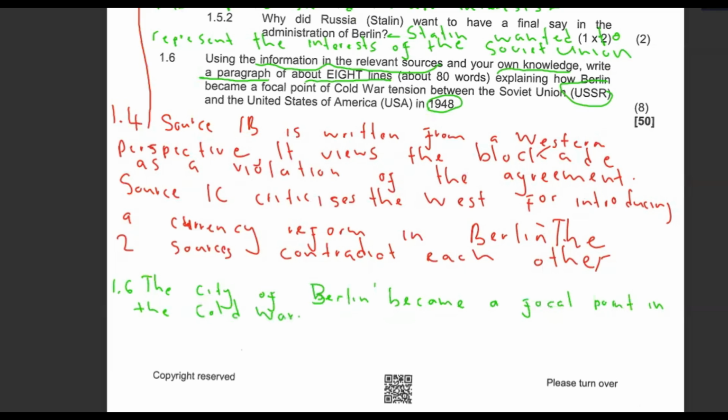In addition to this, you can say that according to source, now we are including information from the sources.